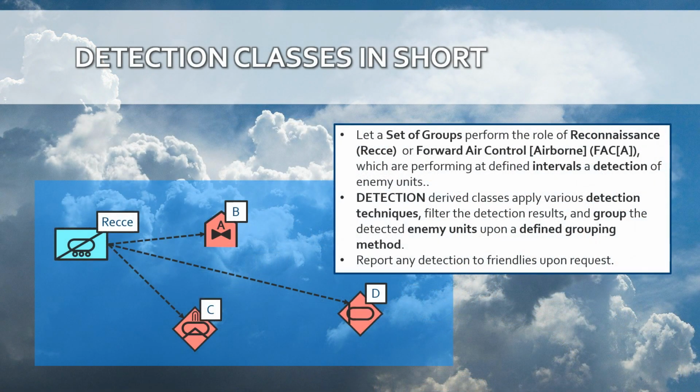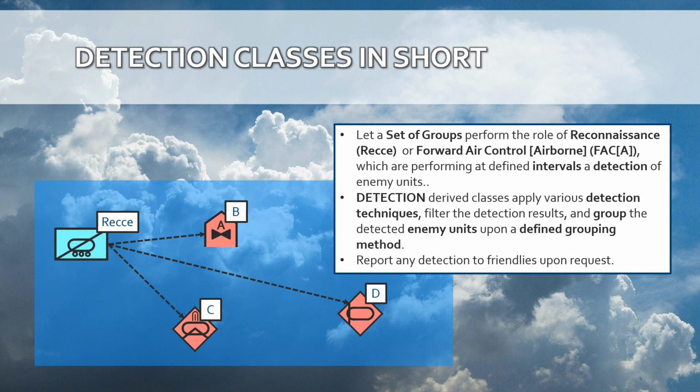So detection is basically letting a set of groups, so reconnaissance vehicles or forward air controllers, airborne or on the ground, detect enemy targets for you. These detections are done at intervals that are specified within those components. So over time, let's say every 30 seconds or every minute, a detection run will happen.